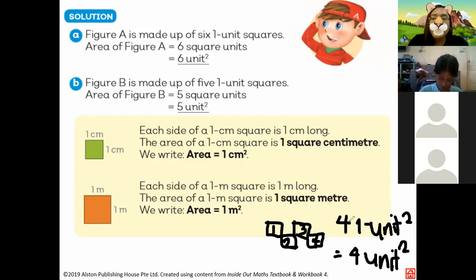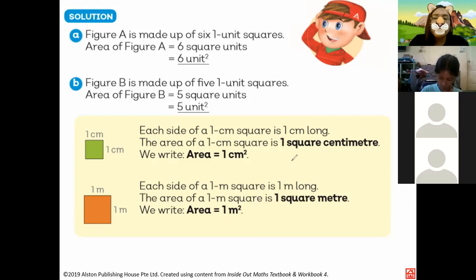If you are going to get the area of this specific shape, you just have to count the unit squares. 1, 2, 3, and 4. So that is 4 unit square.